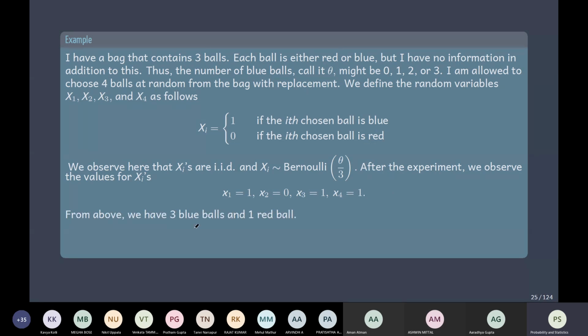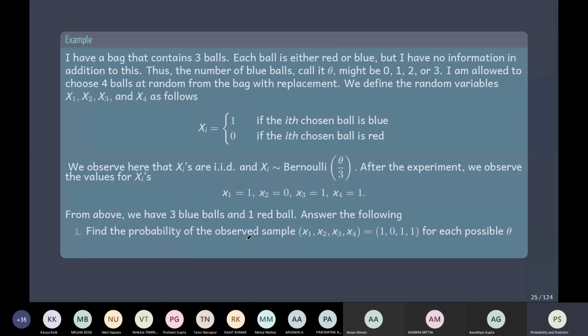From the above, what we observe is that we got 3 blue balls and 1 red ball in our random sample. Now answer the following: find the probability of the observed sample for each possible theta. Remember, theta is the number of blue balls.